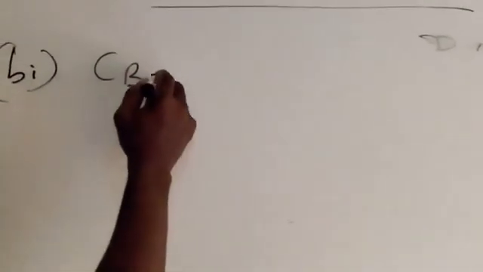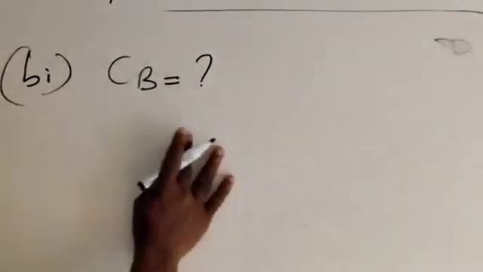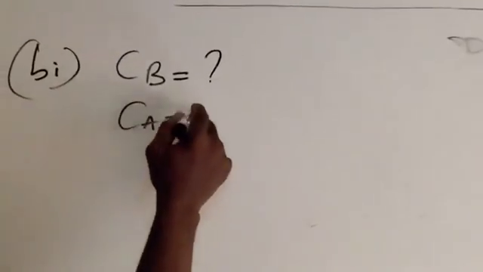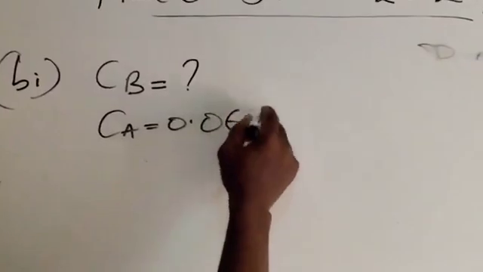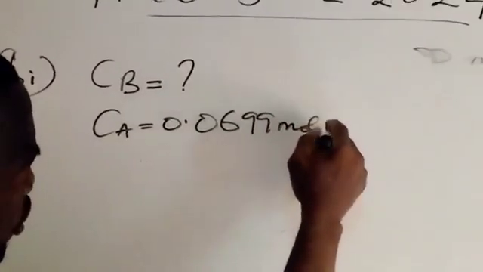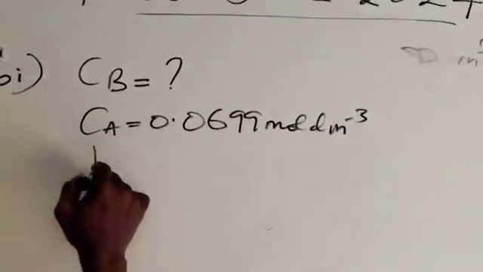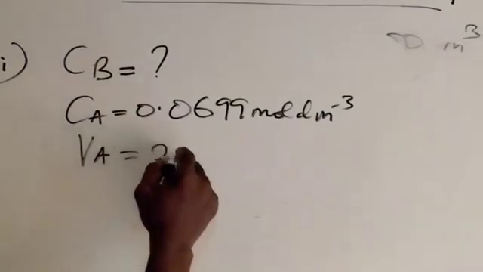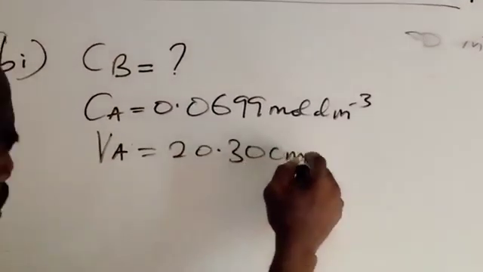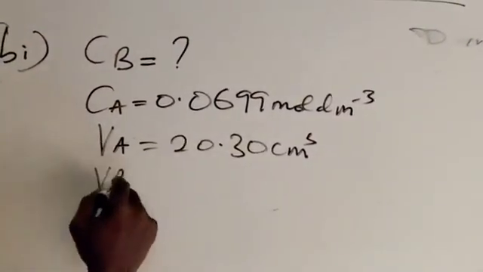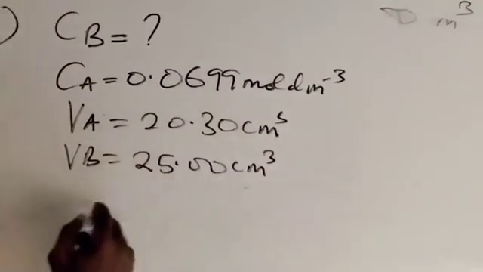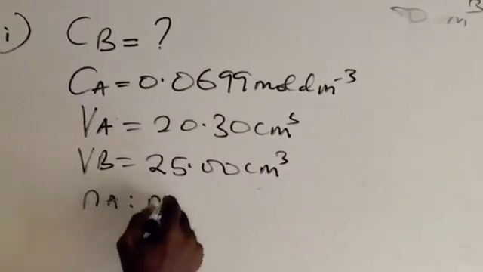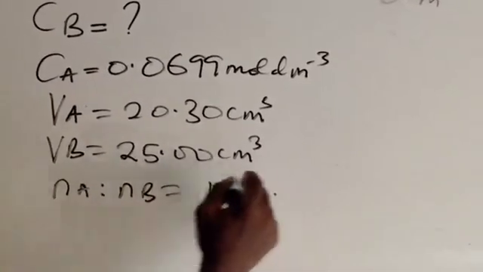We're looking for CB, the concentration of B in mole per dm cube. Our CA is given to us as 0.0699 mole per dm cube. Our VA from the average titer is 20.30 cm cube. Our VB is 25 cm cube, the pipette we use. Then the mole ratio of A to B is 1:1.